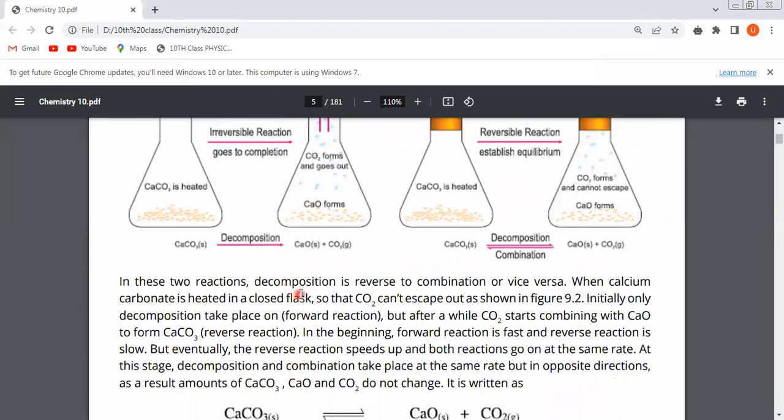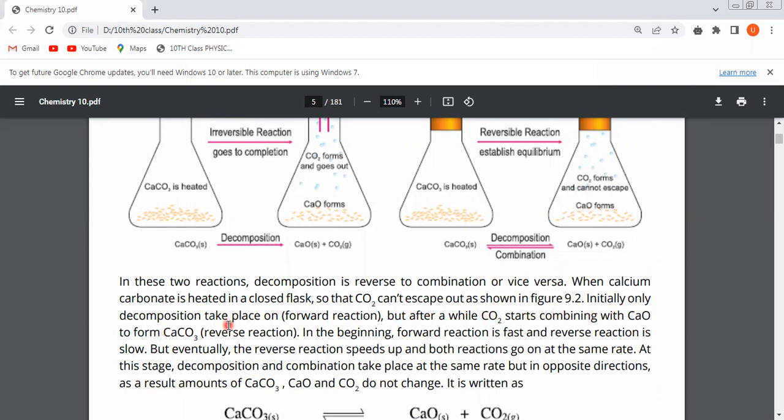In these two reactions, decomposition is reversed by combination or vice versa when calcium carbonate is heated in a closed flask so that CO2 cannot escape out, as shown in the figure.